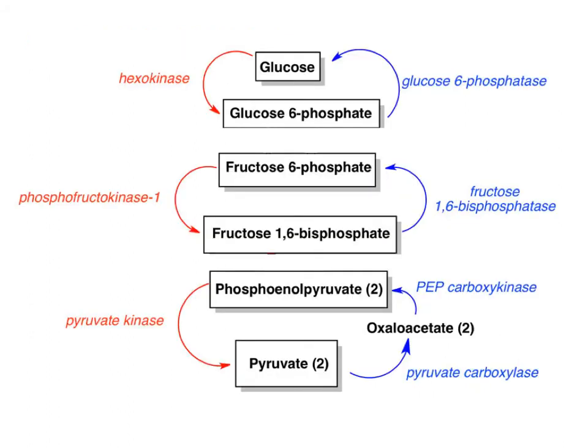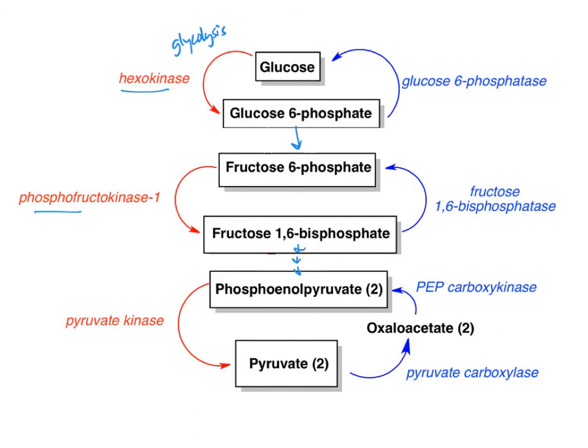Again, in summary, in red is shown glycolysis. And I'm only showing you here the regulated allosteric steps of this pathway. So glucose to glucose 6-phosphate is catalyzed by hexokinase during glycolysis. We get to fructose 6-phosphate, and that is catalyzed by phosphofructokinase into fructose 1,6-bisphosphate.